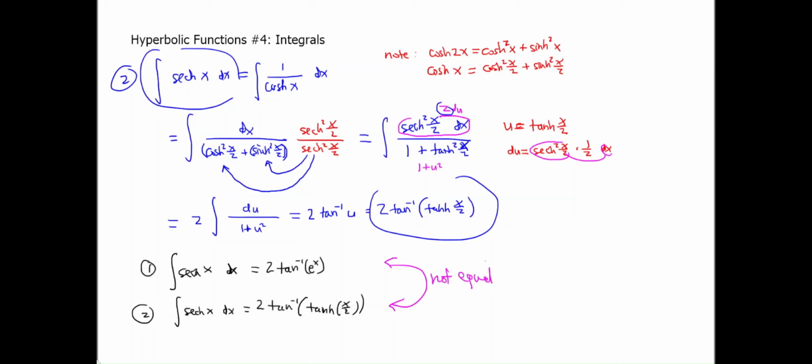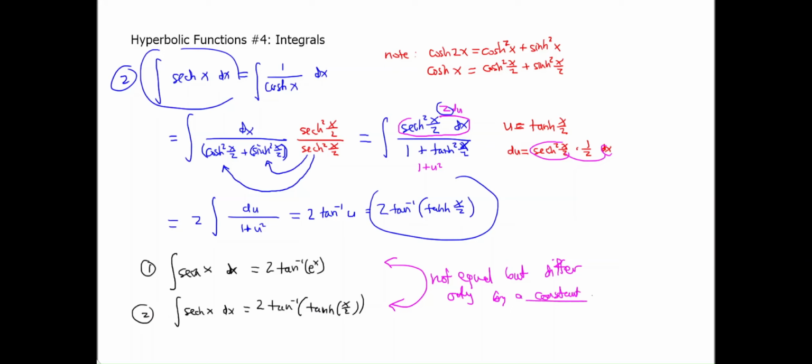But if you remember your basic calculus, they do have to have a definite relationship. If they are both otherwise correct as indefinite integrals, as antiderivatives, they are not equal, but differ only by a constant.